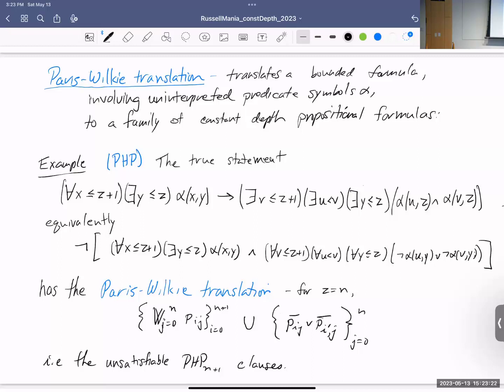So basically the outermost for alls turn into ands that break into separate clauses. If I had a higher depth first order formula, it would turn into a higher depth translated formula. But I'm really interested in formulas that translate to sets of clauses in this talk.